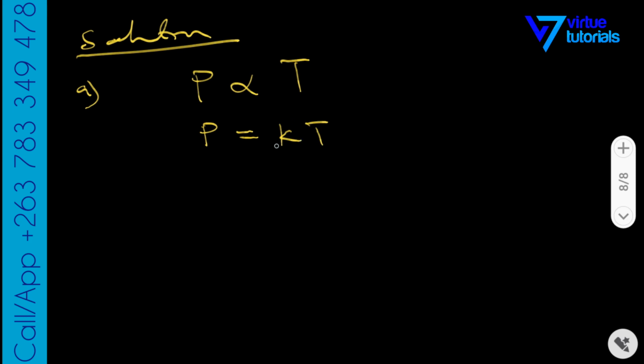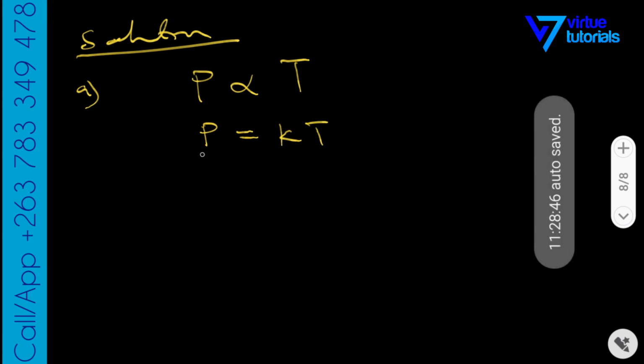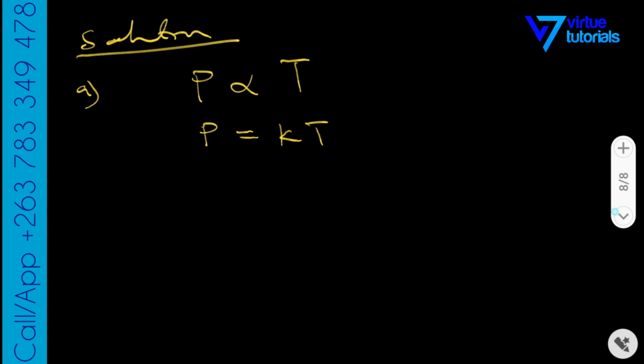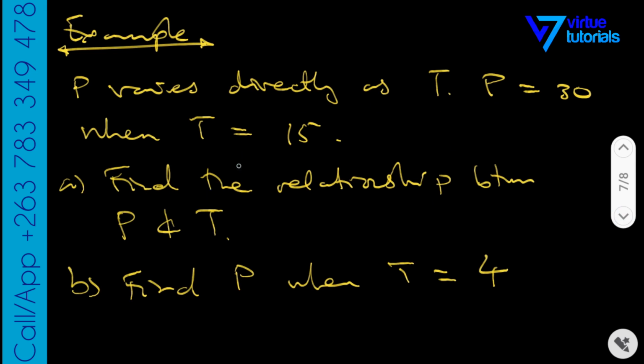Now, any letter can be used for your constant, but we're using K for these examples. So don't be surprised if you come across situations where they don't use K, but they use another letter for the constant. That's still fine. So now, the next thing is to find the value for our K by substituting the values of P and T there. We're told that P is 30 when T is 15.